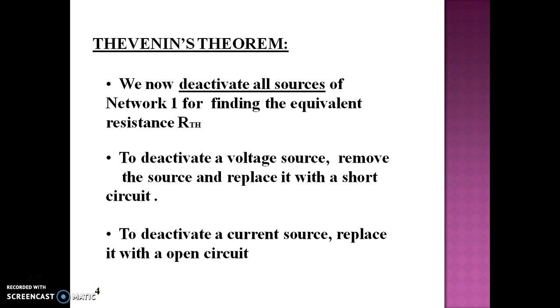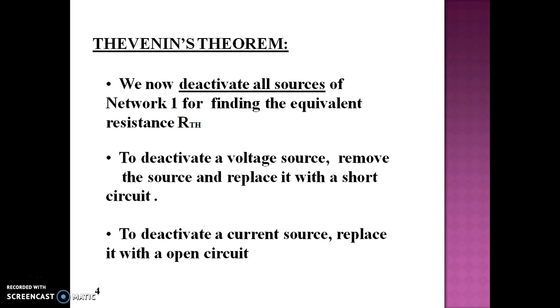And to deactivate the voltage source, we replace the voltage source with a short circuit. If we are using a practical voltage source, that is a voltage source having internal resistance, then instead of a short circuit, we have to replace it with the internal resistance.